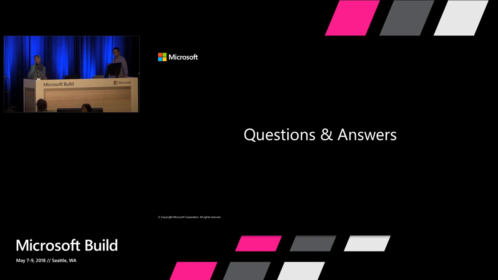The LUIS platform offers you a bunch of tools to help extract the knowledge from you. This is my whole point behind machine teaching. As a developer, you make use of those tools like the active learning part, defining your utterances, and providing features in the form of phrase lists and patterns.